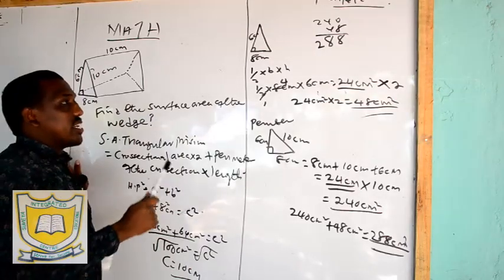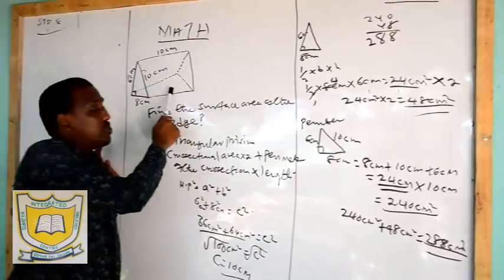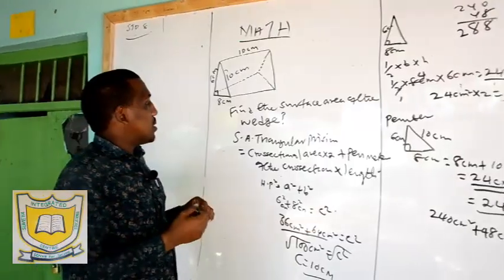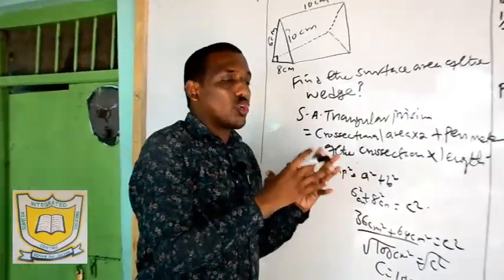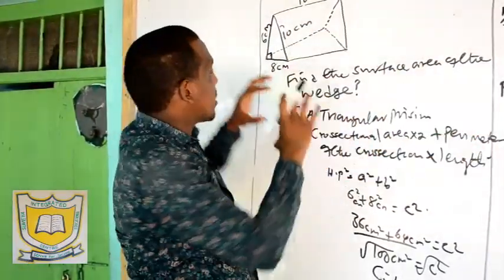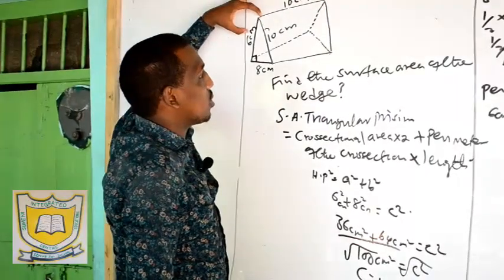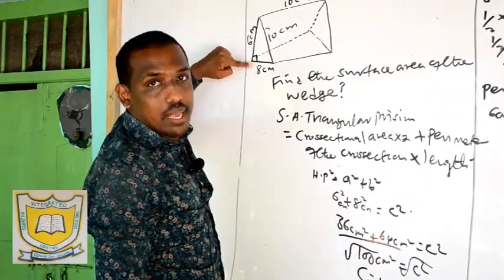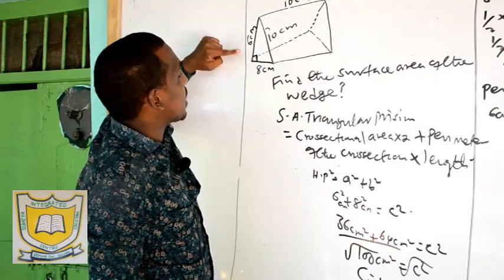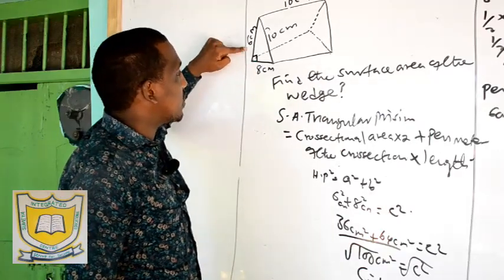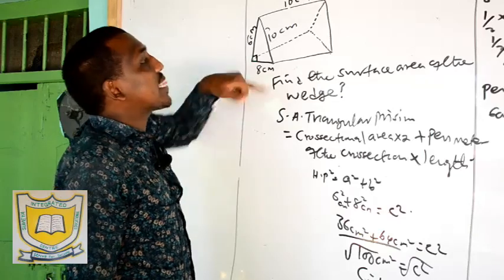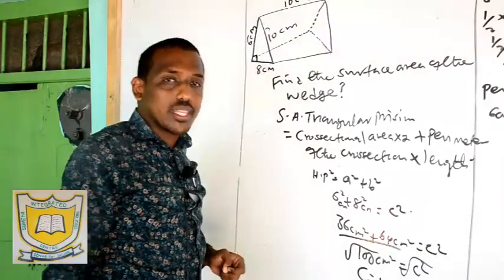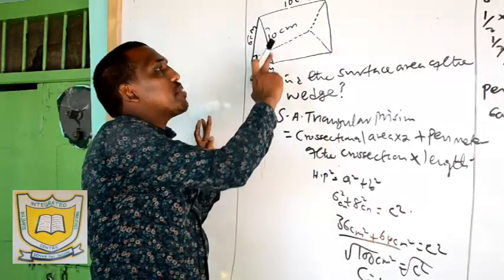So I said it's a triangular prism. For a triangular prism, the formula is cross-sectional area times 2. You get the area of this right angle triangle, then times 2 for the other end. So a half times base times height: a half times 8 times 6, you get 24, times 2 now, 48 centimeter squared. Then you get the perimeter.